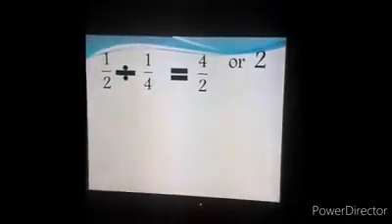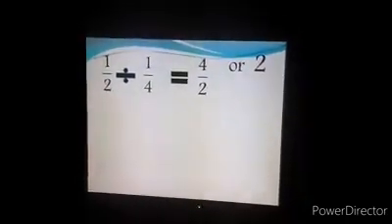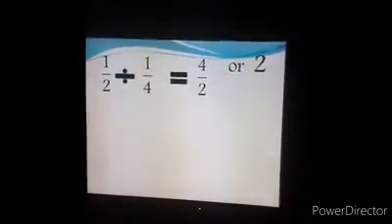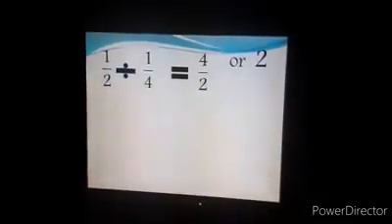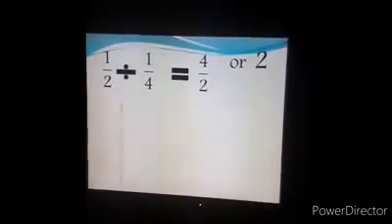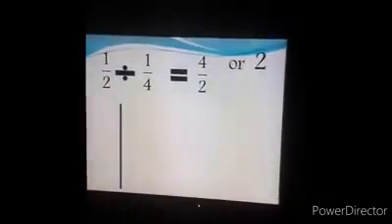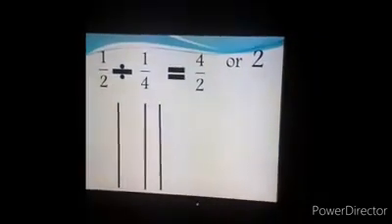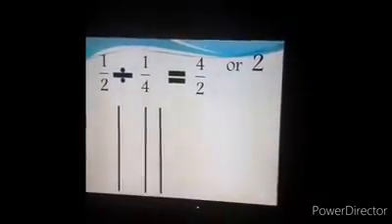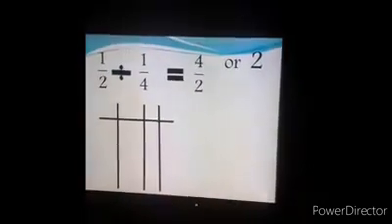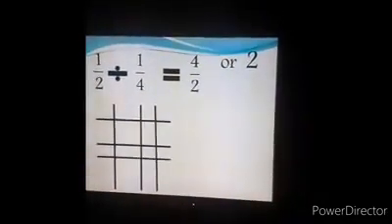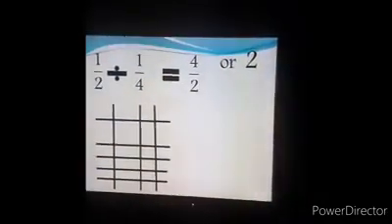Another example, 1/2 divided by 1/4, which equals 4/2. So we need to get the answer. For the first fraction, the numerator is 1 and the denominator is 1, 2. For the second fraction, the numerator is 1, and the denominator is 1, 2, 3, 4.